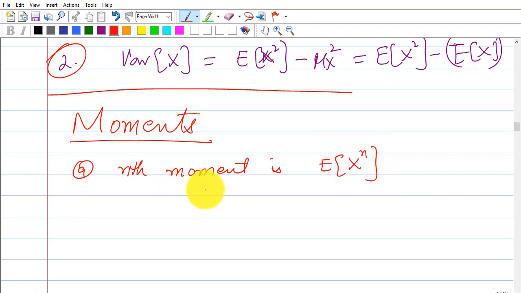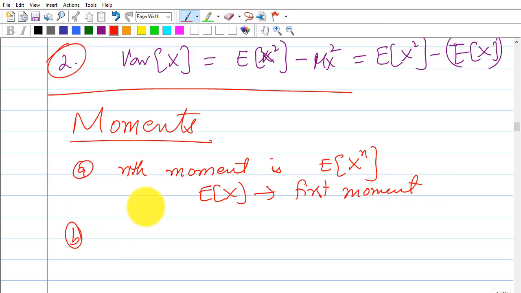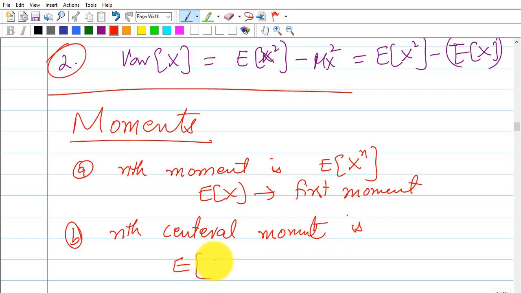Just like the expected value of x is the first moment of the random variable x, similarly we can write down the nth central moment, which is the expected value of (x minus mu x) whole power n.